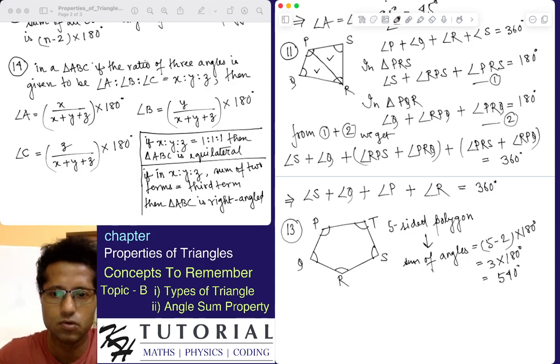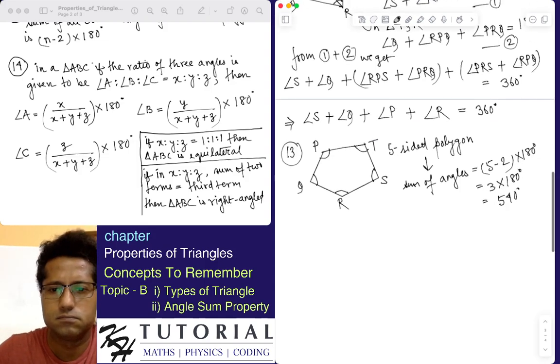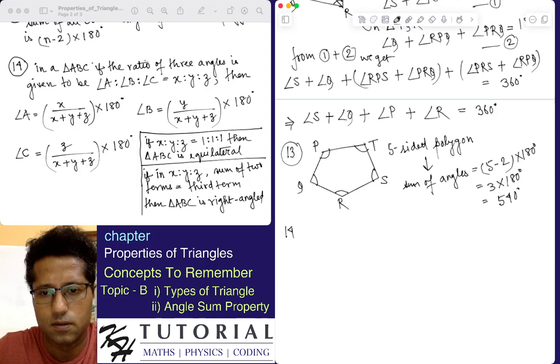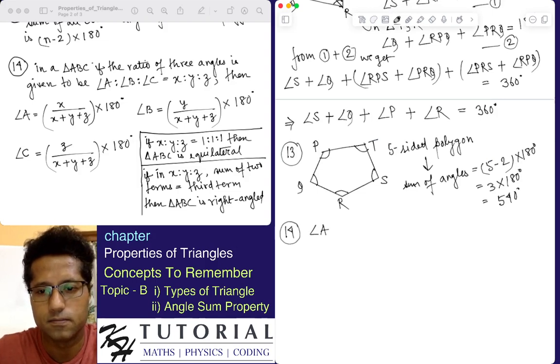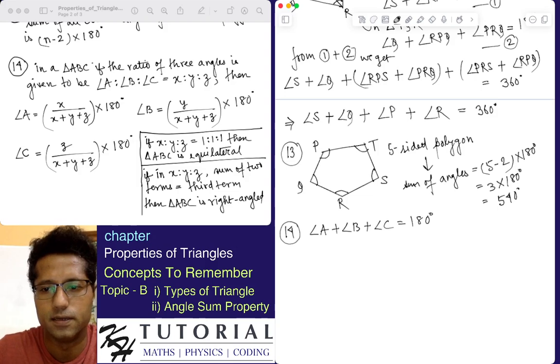So you know that in a triangle we will have angle A plus angle B plus angle C equal to 180 degrees.